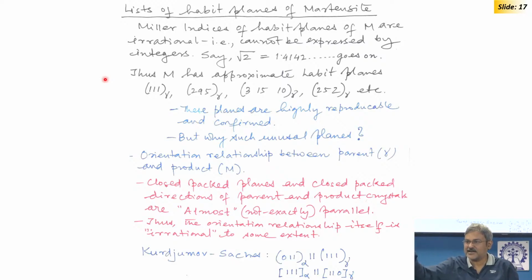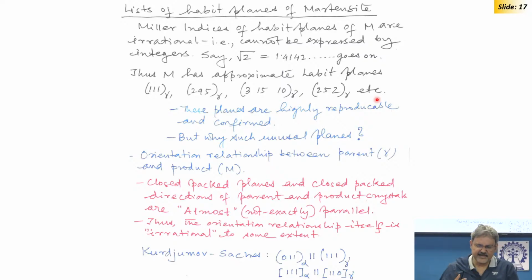So, we try to forcefully express the plane's Miller indices in the form of integers, which can be very simple depending on the system you are working with, or very complex like 31510 or 252. And still these are not accurate representations. These deviate slightly; they are the closest integer representation. So, habit planes are called irrational planes. Actually, these are irrational planes.